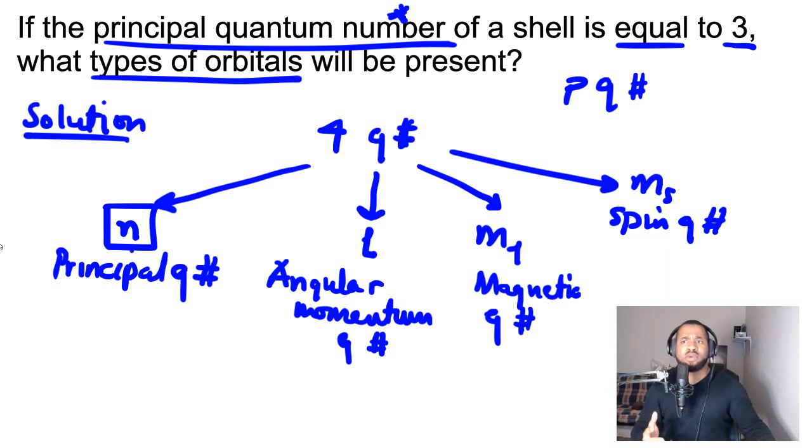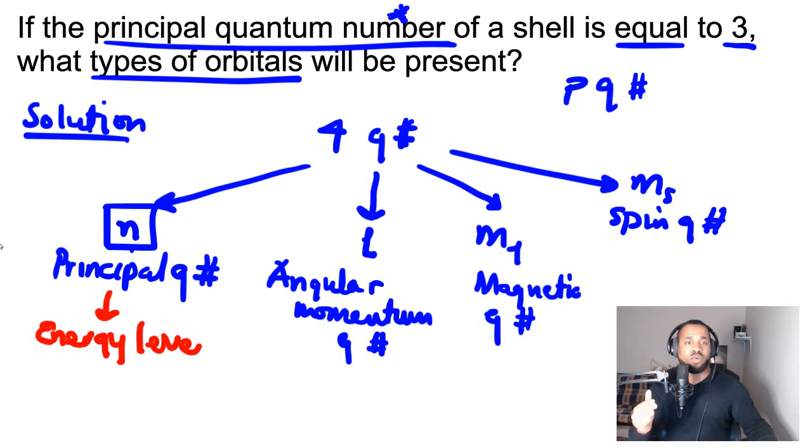So what is the principal quantum number? The principal quantum number tells us the energy levels, and the energy levels of that specific system are a base for where electrons need to be.